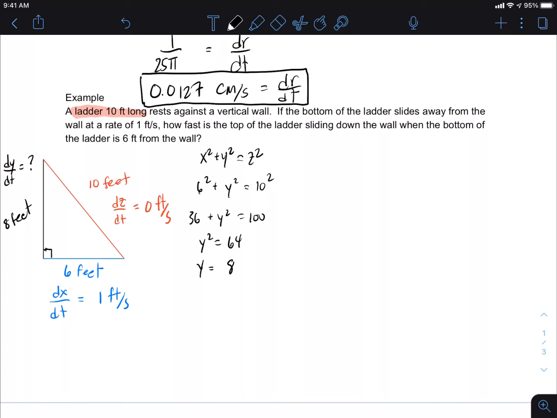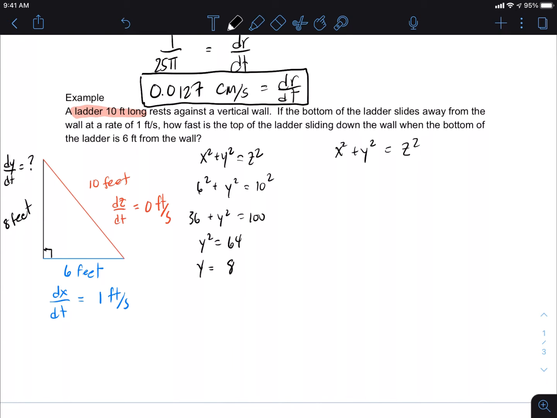Don't make it complicated. We don't want to go trigonometric. I mean, we could, that would suck, but we could. What we want to use here is the Pythagorean theorem. So we're going to go back to that equation: x squared plus y squared is equal to z squared.